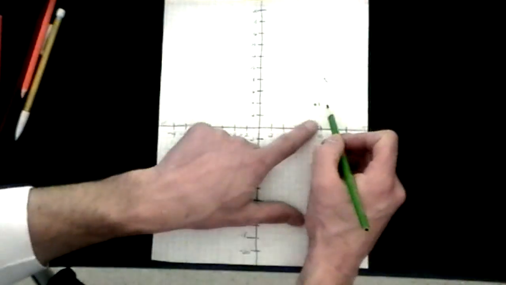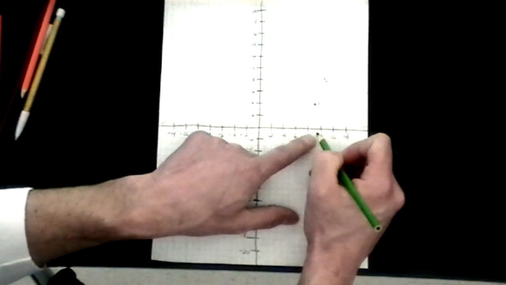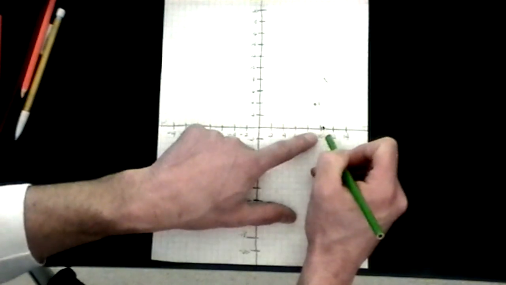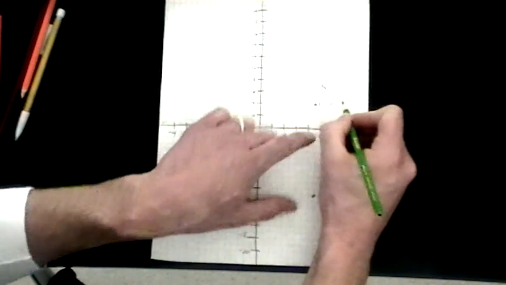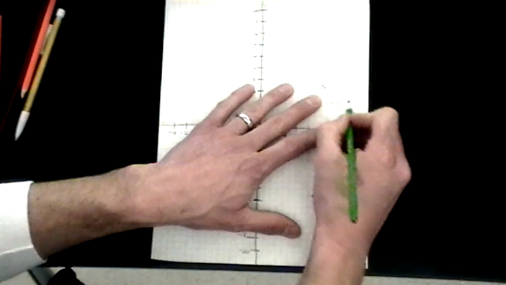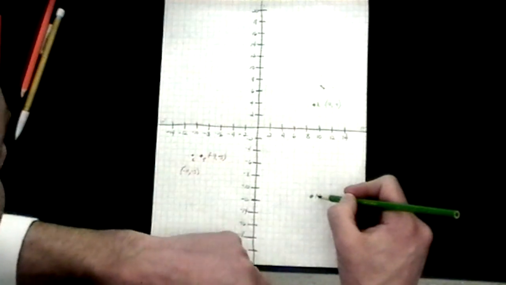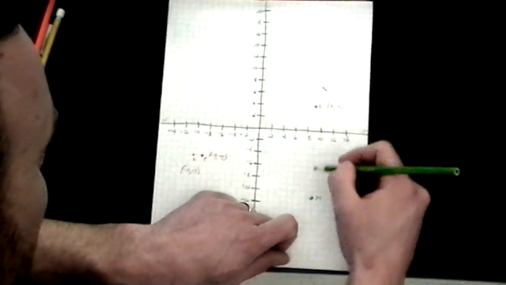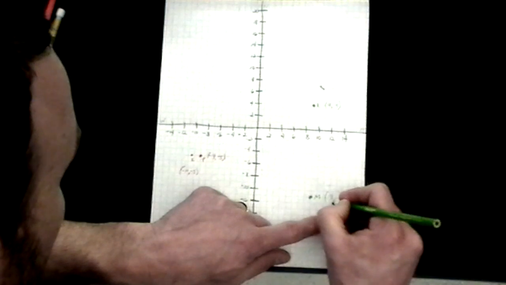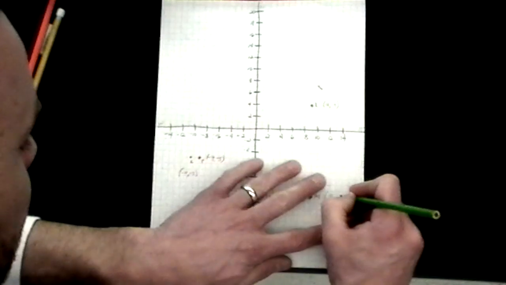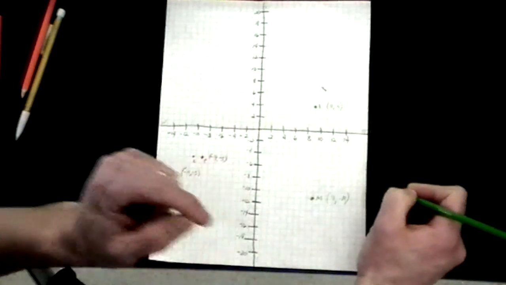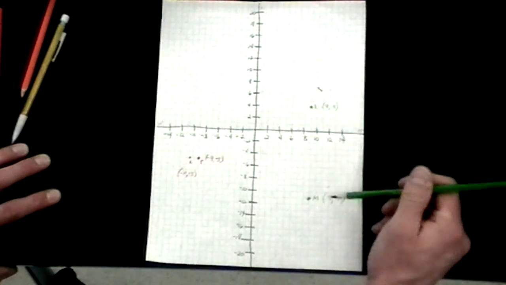So the points here, my 2 coordinate points, if I were to label my coordinates, would be 9, 4 for L. And my coordinate points for M would be 9 and 11. I'm sorry, negative 11. So I've gone from 9, 4 to 9, negative 11.